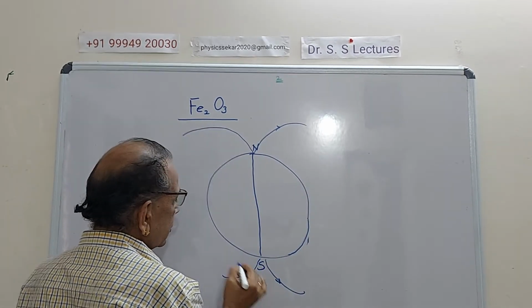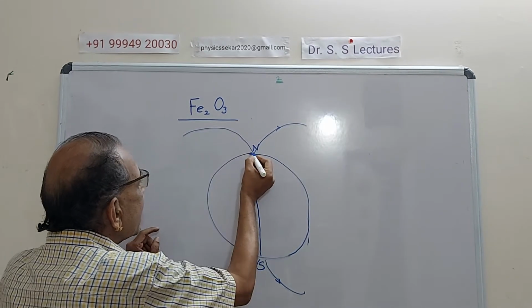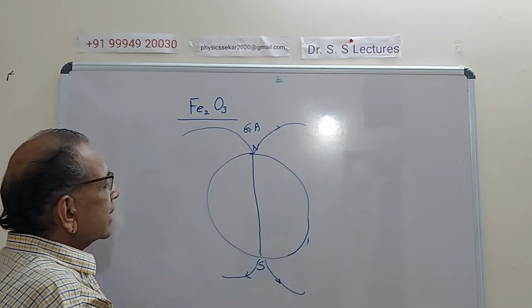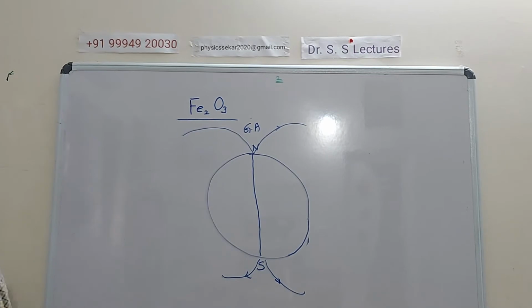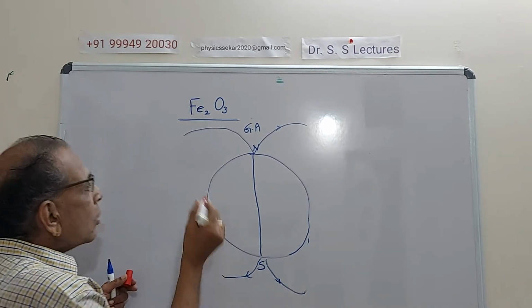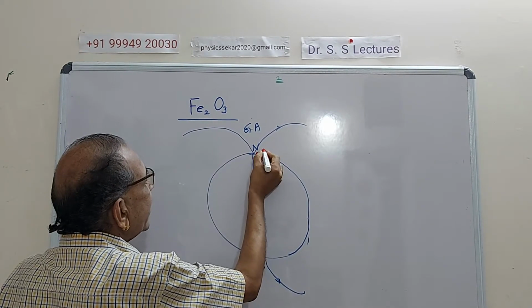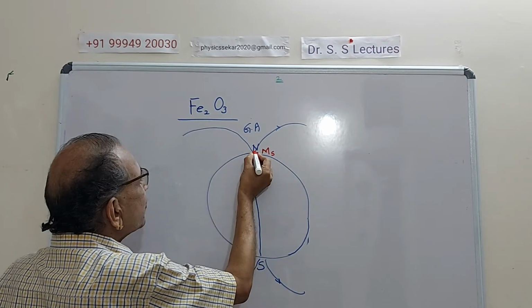If you just take, we find that this is the geographical axis. But when you say magnet, we find that the magnetic south of the earth is situated more or less near the geographical north.